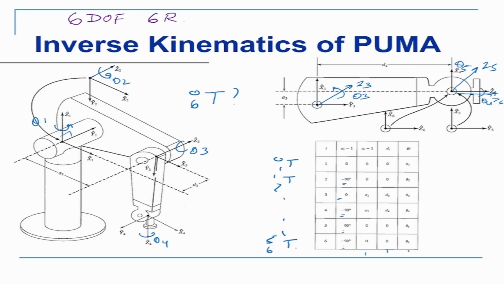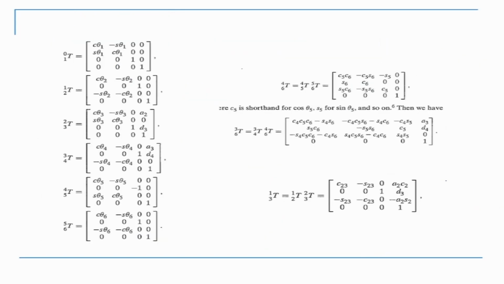I need to find each one of these, for which I take each row and put it in the generalized matrix, which I had explained a couple of classes back, T i minus 1 to i. Putting in the values of each row, we get these matrices: T first, second, third, fourth, fifth, and sixth. These are the 6 matrices relating the 6 joints.